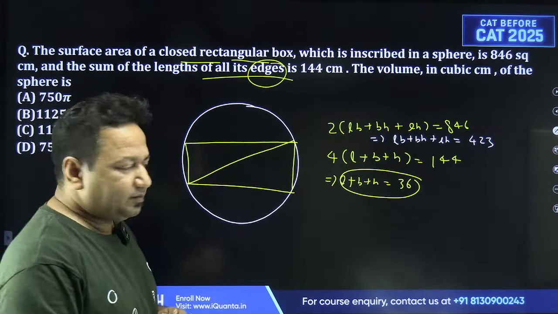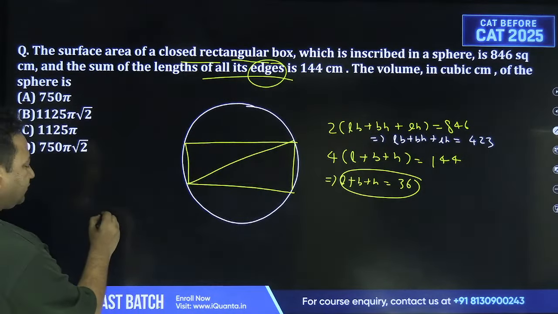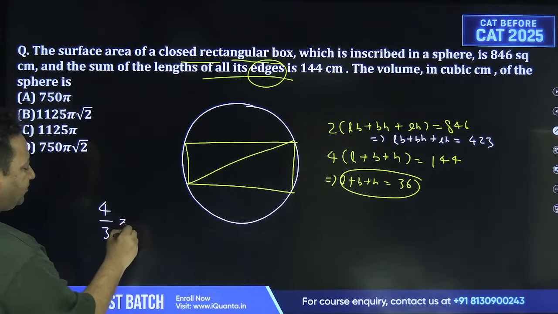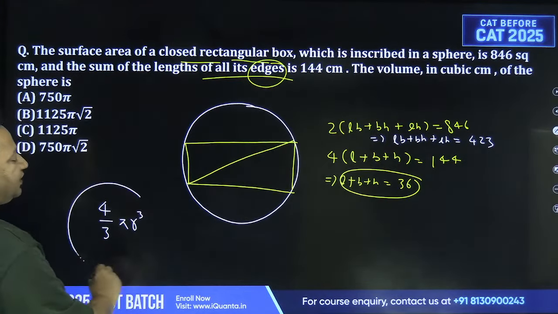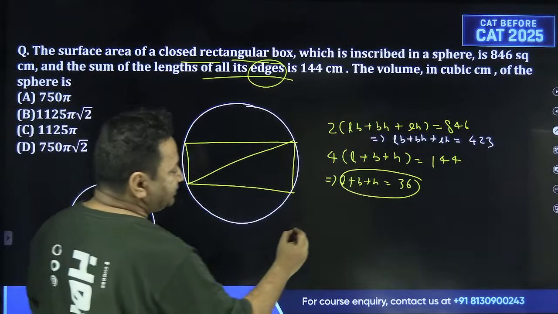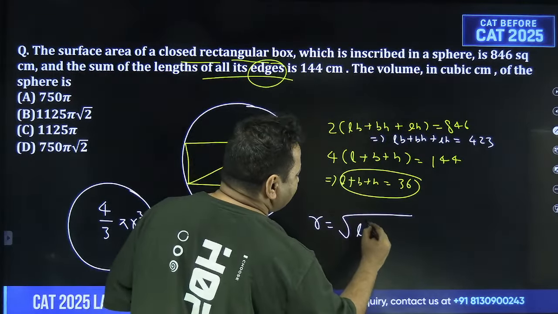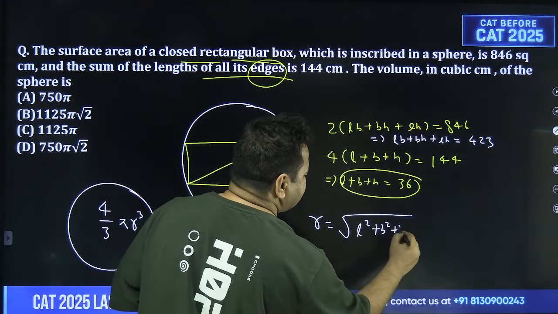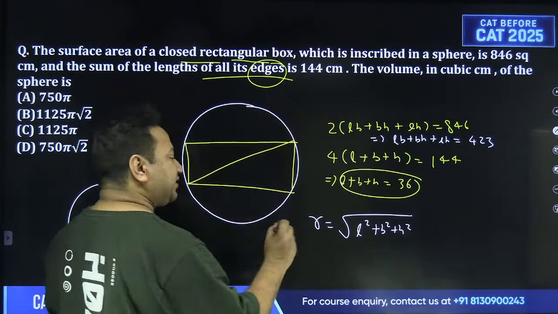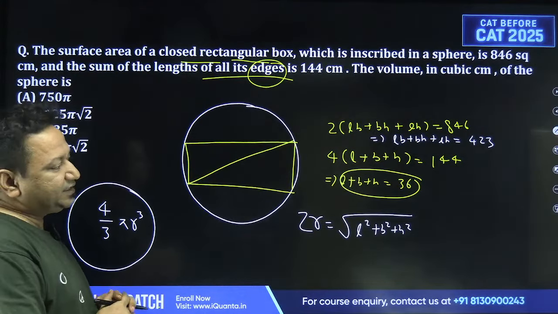The volume of the sphere will be equal to how much? 4 by 3 pi r cube. Now how do we find the relation with r? So the diameter should be equal to the body diagonal, that is root of L square plus B square plus H square. Alright, that is what we have.